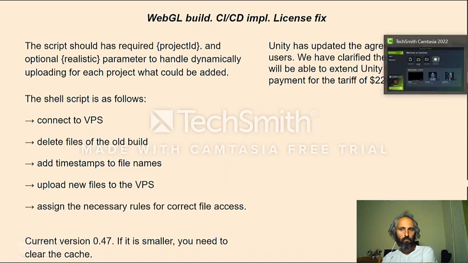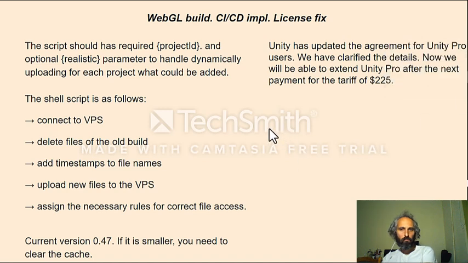Also want to add about our current version 0.47. If you see on link smaller number of version, you need to clear the cache. Also information about Unity. You can see black screen. That's about licensing of Unity.